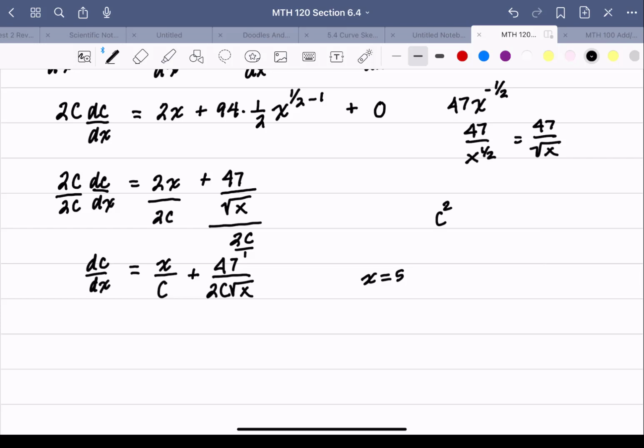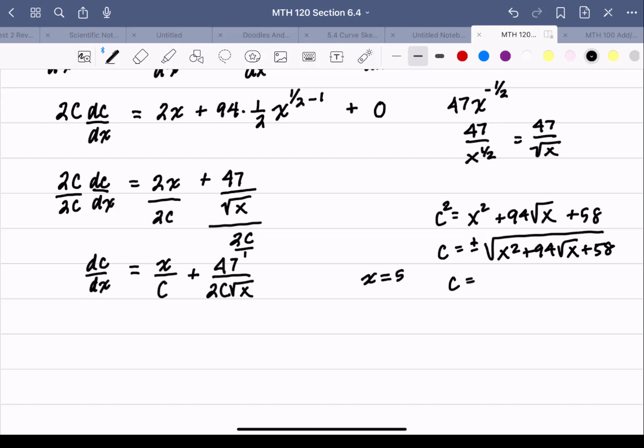We were given C squared is X squared plus 94 square root of X plus 58. So C would normally be the plus and minus square root of this, but because we're talking about costs, we're only concerned with the positive one. So we can eliminate the negative one and just look at the positive of this expression where X is 5.